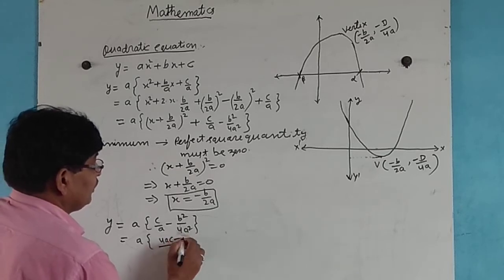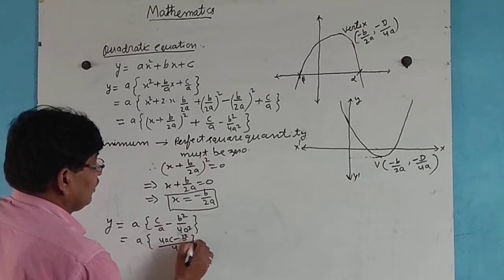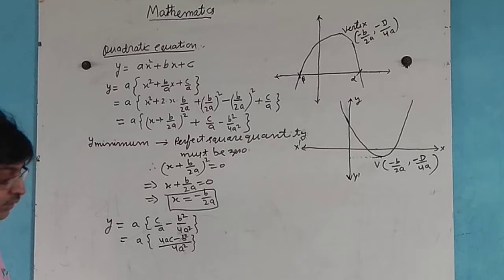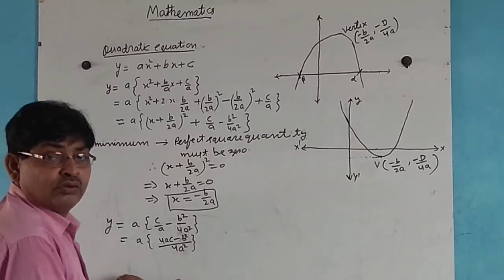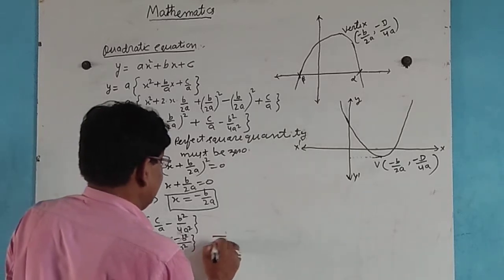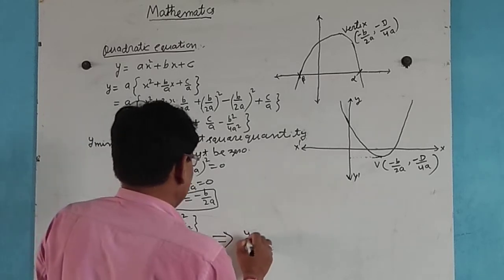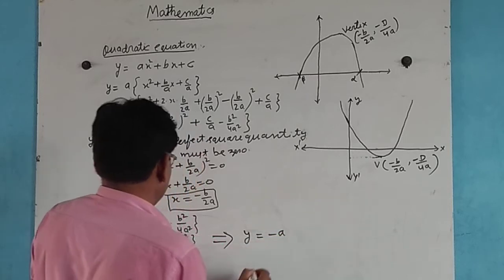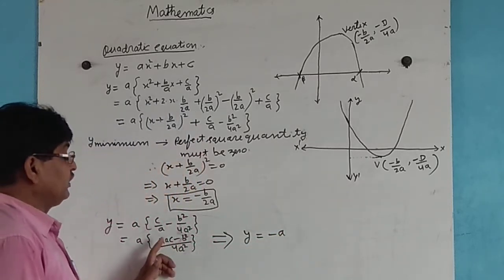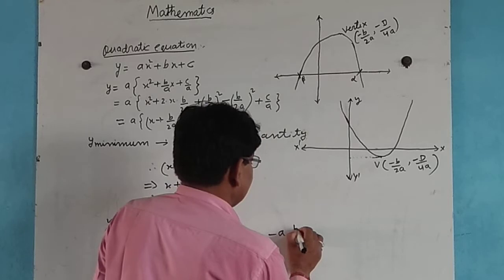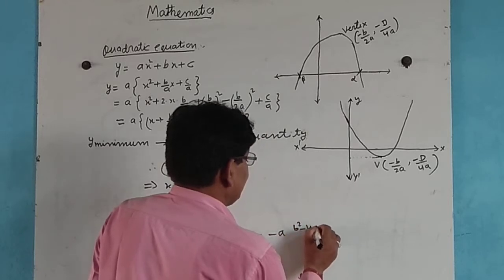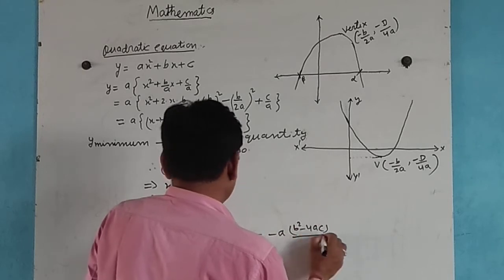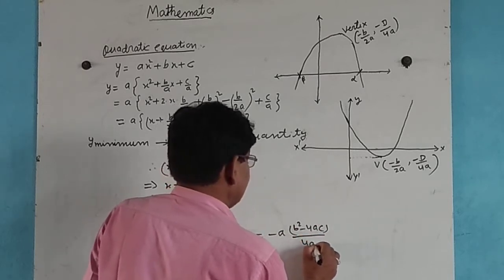Now we take the sign out, so y equal to minus a, changing the sign inside, b square minus 4ac divided by 4a square.